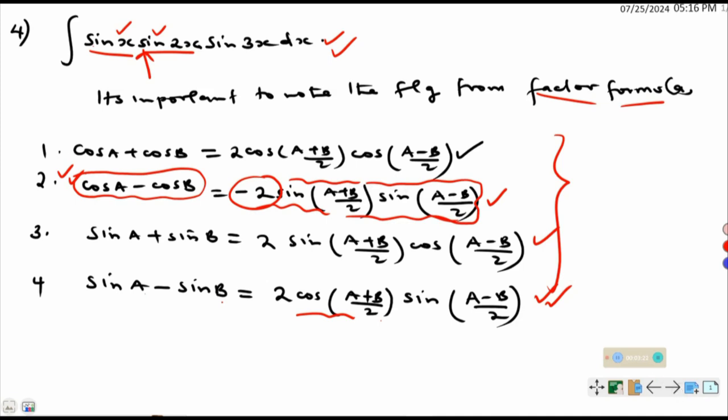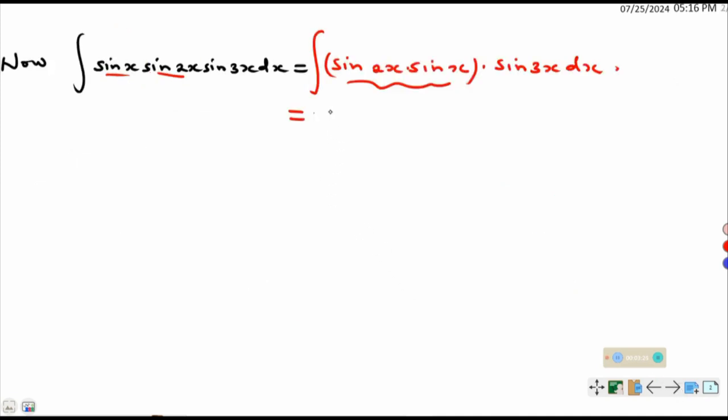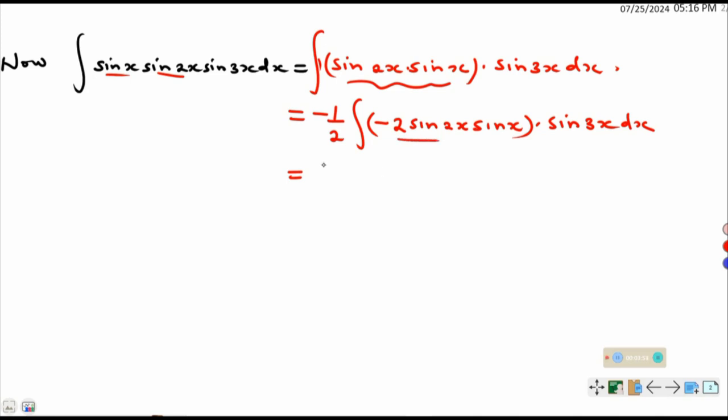If I need to create a negative 2, I can say this is the same as having negative a half integral of negative 2 sine of 2x sine of x, then multiplied by sine of 3x dx. From there, you realize that negative a half times negative 2 will still be the 1 which is here. So we have not changed the meaning of this expression. So from here, I will have negative a half integral.